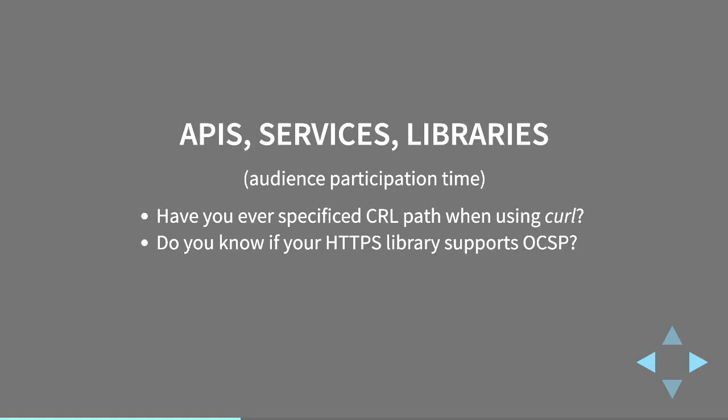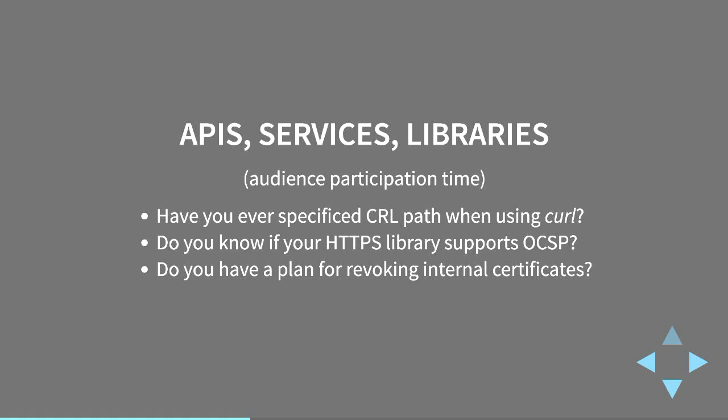If you're using a standard connection via Python, Node.js, Ruby, anything, nope. You have to implement it yourself or use a library that specifically allows it. And if you're using internal certificates, do you have a plan of how to revoke them and what to do if the keys go missing? Hopefully you do.